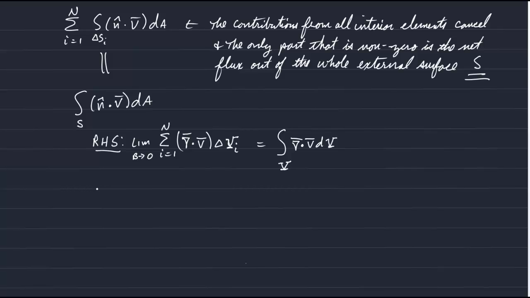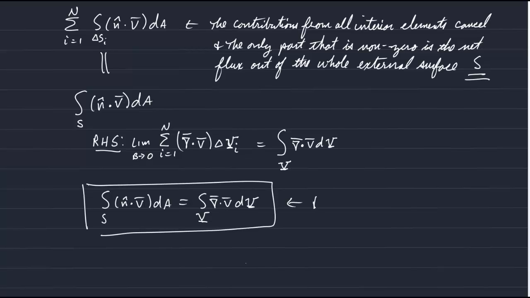If we equate the left-hand side, the integral over the exterior surface of the whole volume of the flux through that surface, then that is equal to div V integrated over the whole volume.